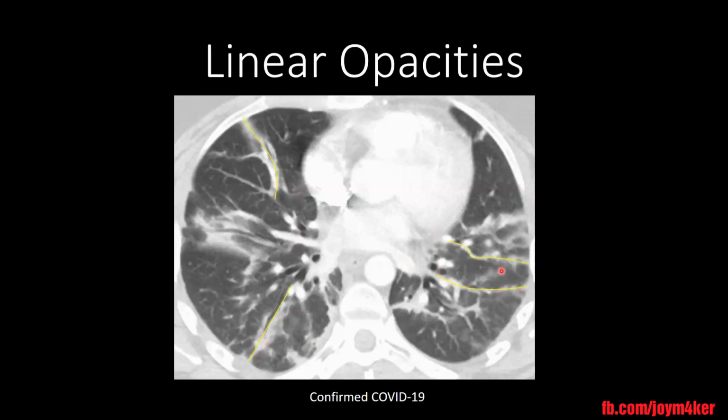These linear opacities spread throughout the lung are associated with some ground glass opacity and some consolidation. And we can also see bronchiolar dilation in the area of abnormality.